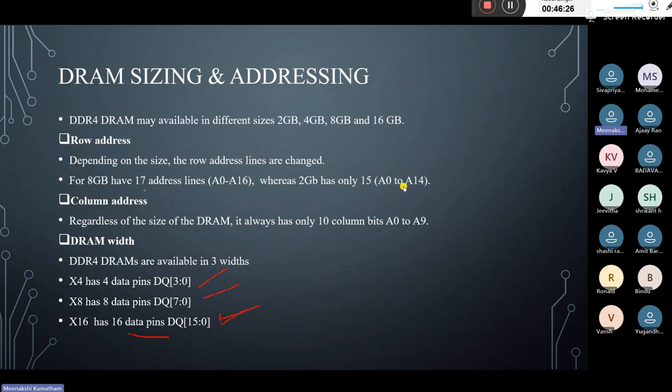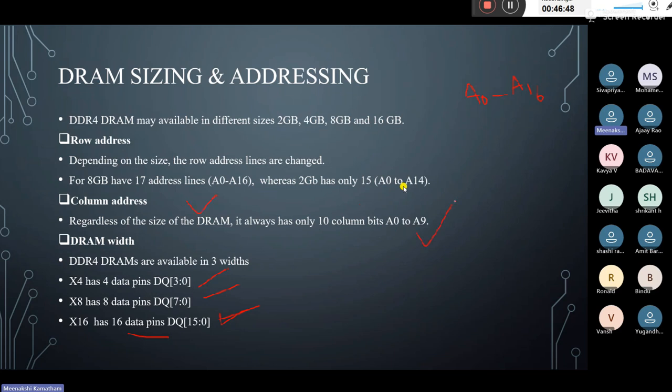For example, in DRAM we have address lines A0 to A16, but depending on the x4, x8, x16 configuration, the row address is always varying, but the column address is always constant.